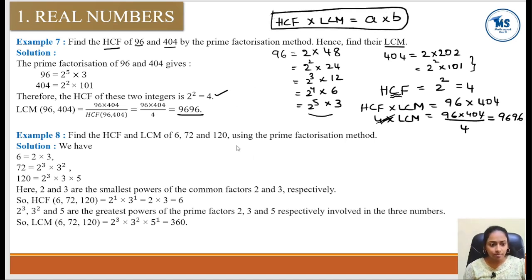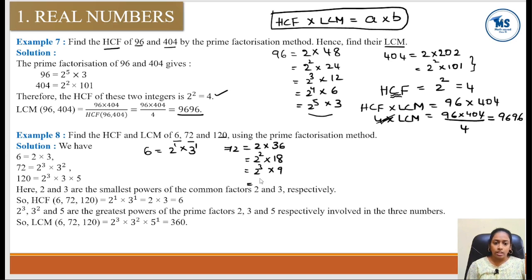Okay. Next question. Find the HCF and LCM of 6, 72 and 120 using prime factorization method. First, we'll find the prime factorization for 6. 6 is of course 2 power 1 into 3 power 1. 72 we'll write 2 into 36, then 2 square into 18, then 2 cube into 9, then 2 cube into 3 square.